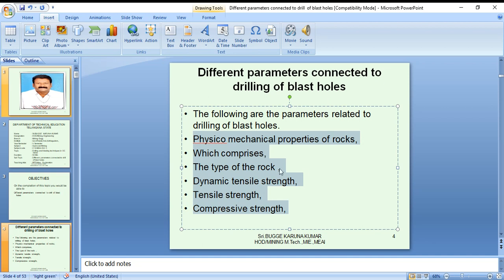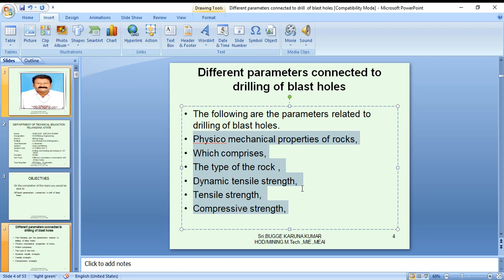Generally, these parameters are obtained from rock specimens. When you collect samples and test them in the laboratory, you can identify different parameters by different tests, including the protodiakonov index, tensile strength, and compressive strength of the particular rock.